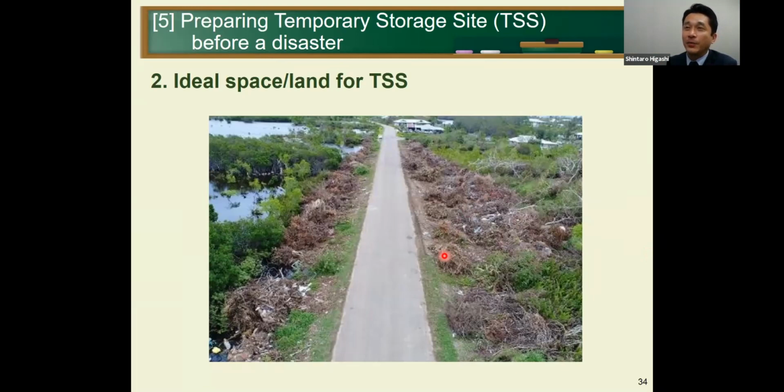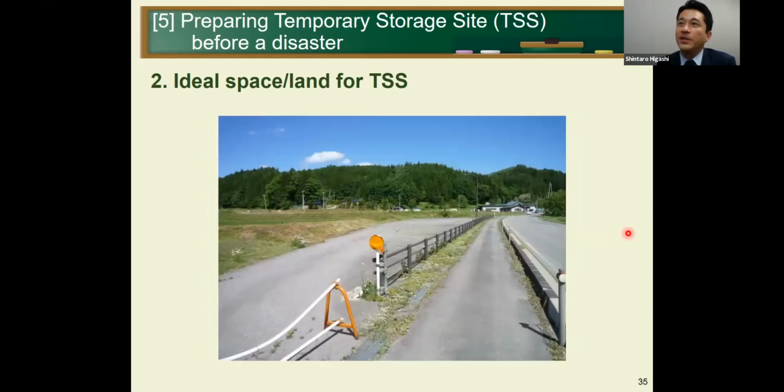So it's very important to try to identify and discuss the availability of places. The next place is here. This area is land secured, prepared for expansion of a road.